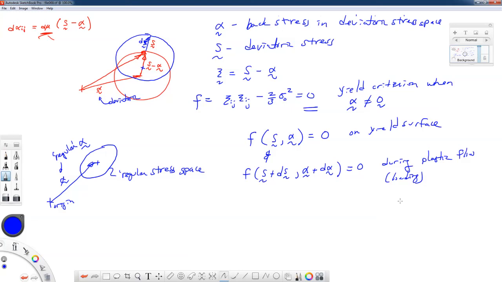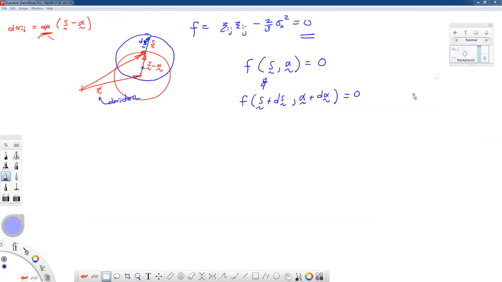Alright, let's look at this in a little bit more detail. Let's expand this bottom term out. I can write this as the function of S comma alpha, plus the rate of change of that function with respect to S times dS.